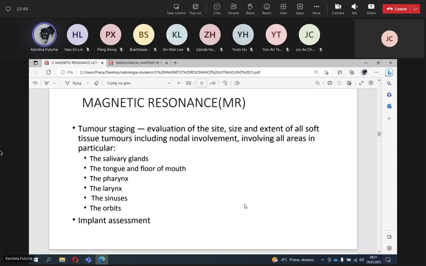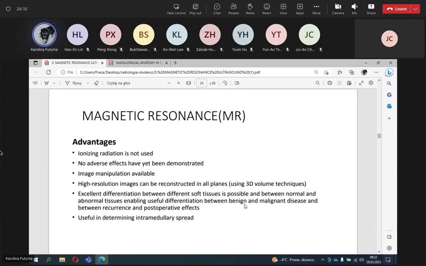Then the tongue and the floor of mouth, of course, the pharynx, larynx, the sinuses, and the orbit. Then we can use our MRI in implant assessment or implant planning, but it's not so popular as CBCT nowadays.